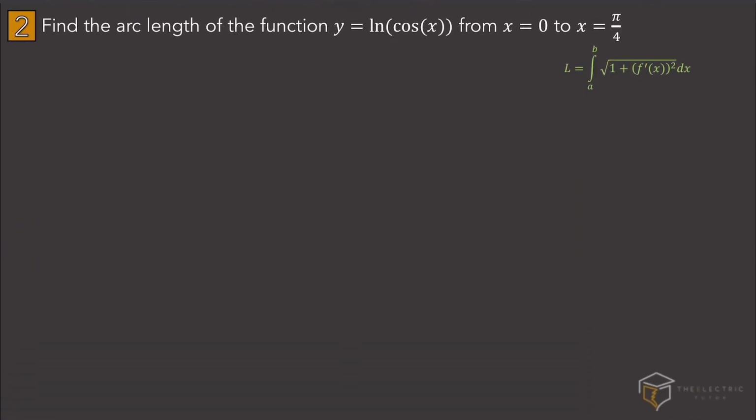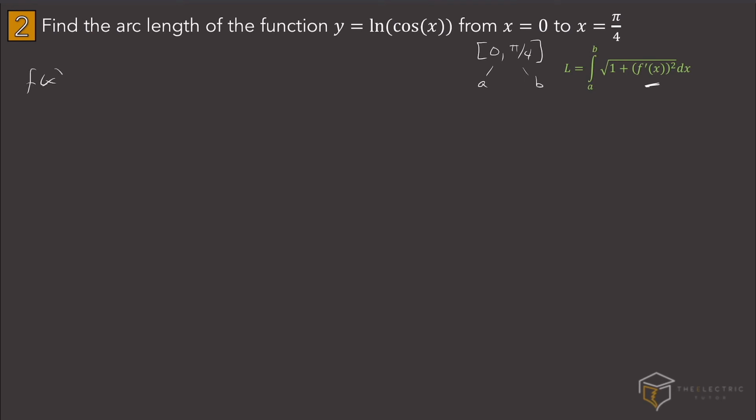Here's another example. It's basically the same question, now with a different function, and it goes from x equals 0 to x equals pi over 4. So obviously this is going to be A, this is going to be B. First step, we want f prime.